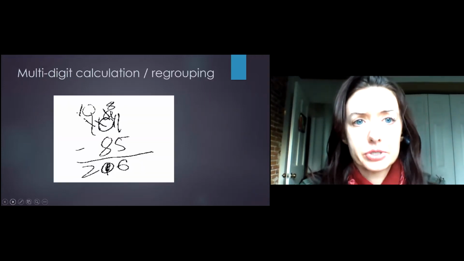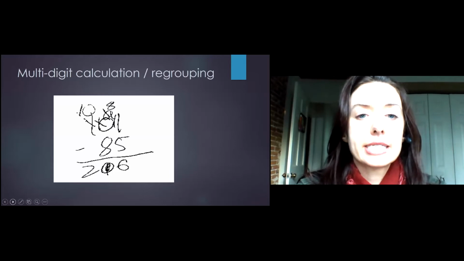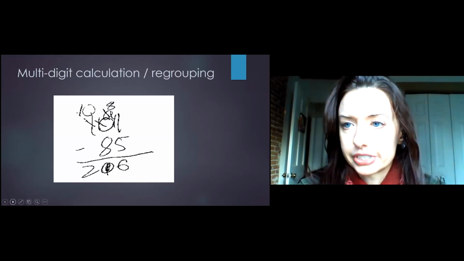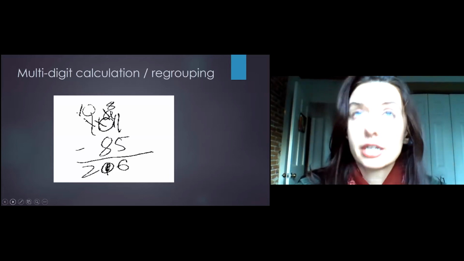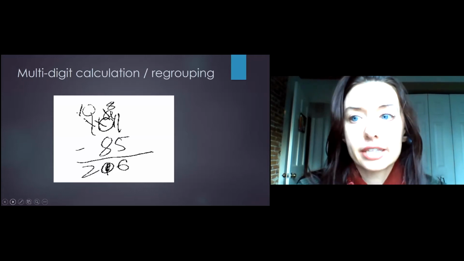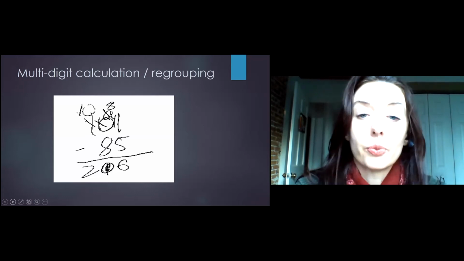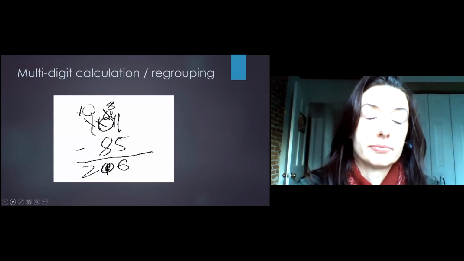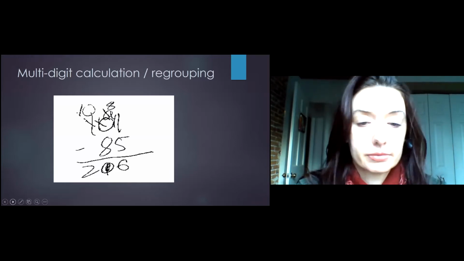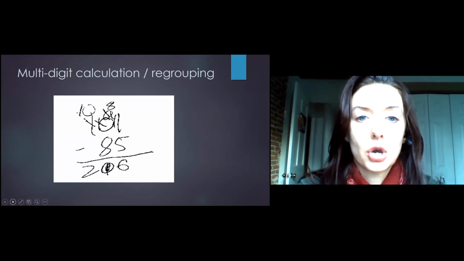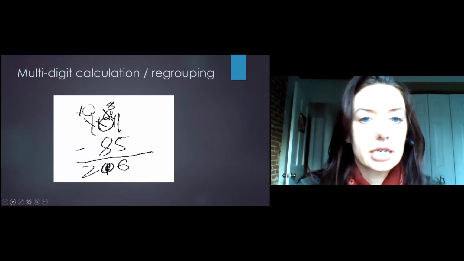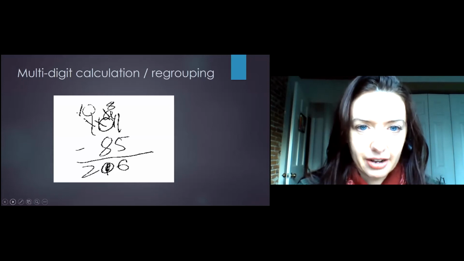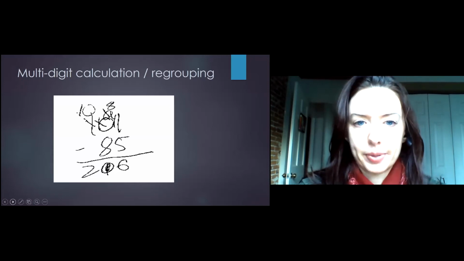So what's something else you might see? I see a lot of difficulty with multi-digit calculation, as well as recalling the procedures, the subroutines within each procedure. So this student, there's a lot going on here, obviously, with regrouping.